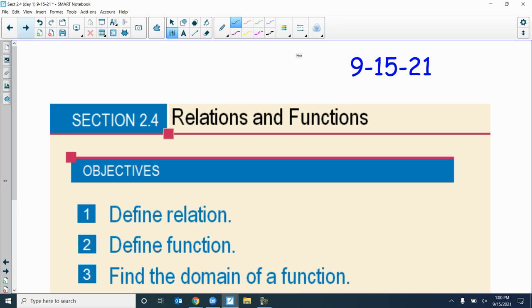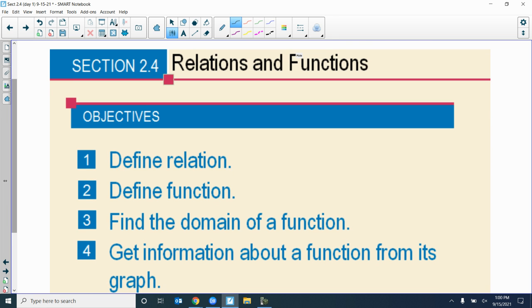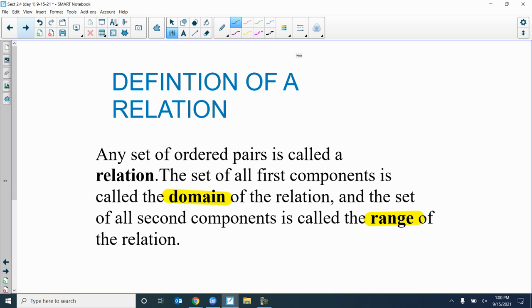Okay, we're going to move into those guided notes here, talking about relations, what makes a relation a function, and the main thing we're talking about today is the domain and then also the range of a function. So on that top there, any set of ordered pairs is called a relation.